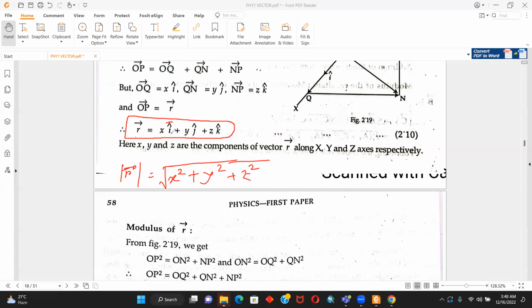Because what did I say in case of i? I meant i hat is the unit vector. That means its magnitude is 1. Understand my point? So i squared would also equal 1.